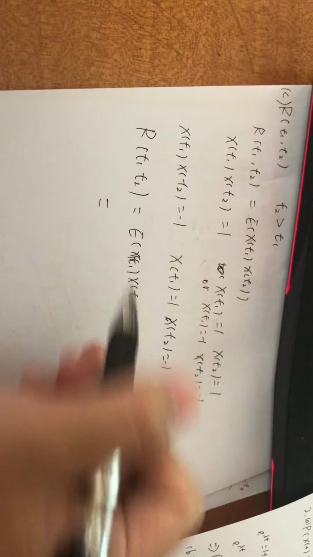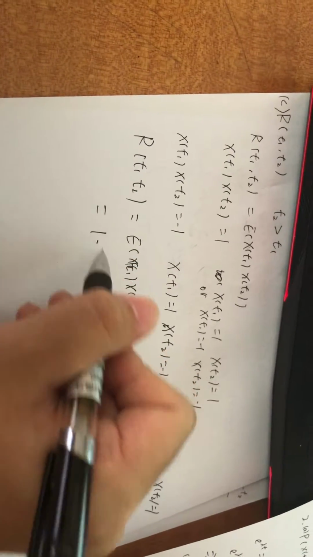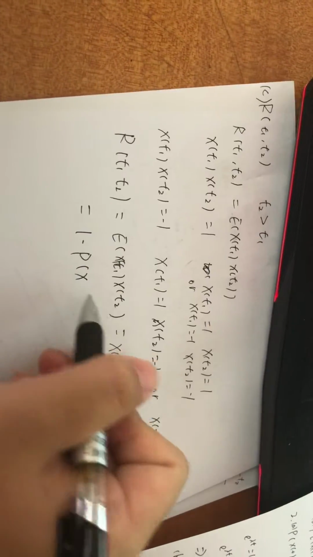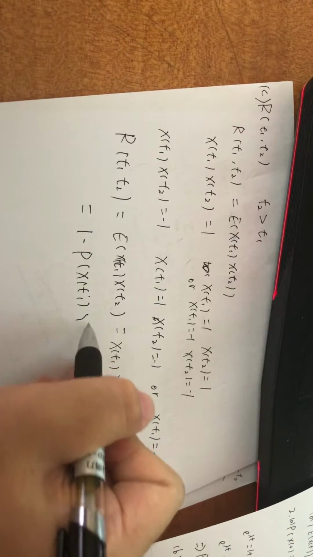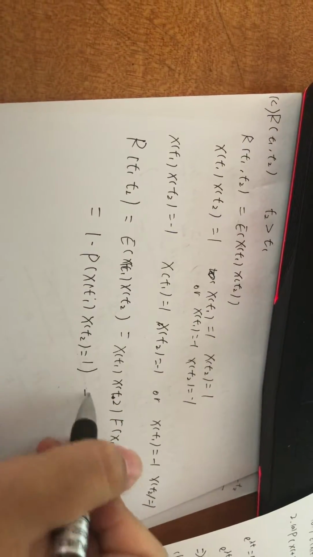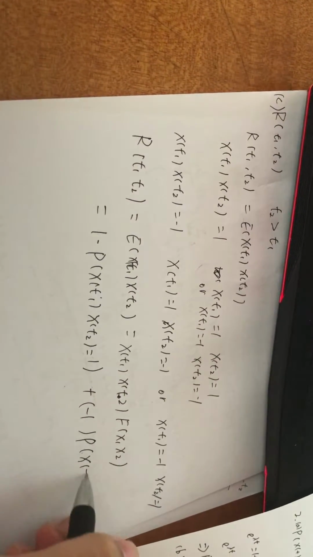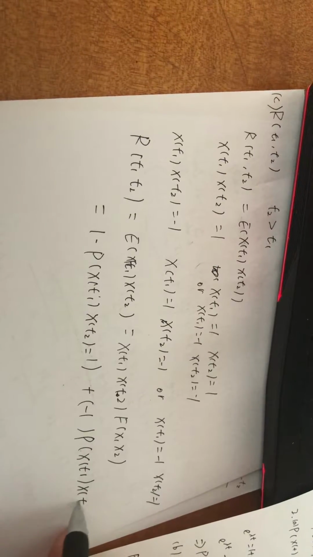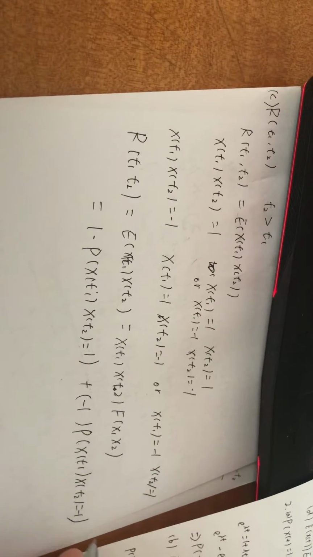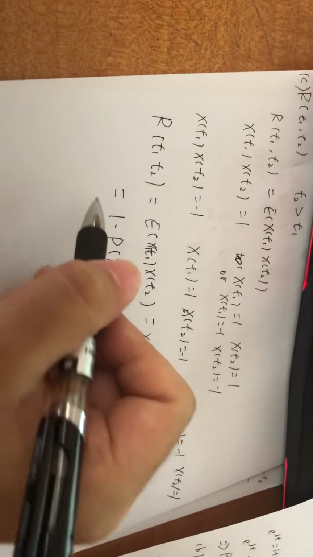So we have 1 times probability X(t1) times X(t2) equal to 1, plus negative 1 times probability X(t1) times X(t2) equal to negative 1. So we have this function and we plug in.